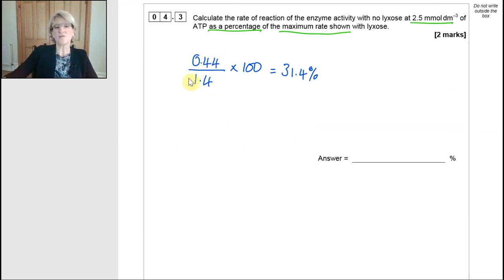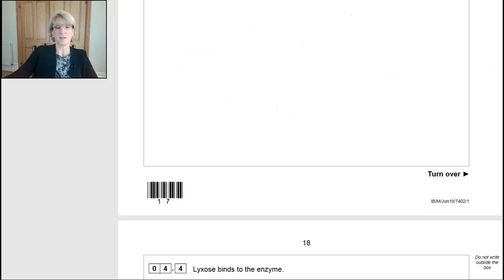So it's 0.44 divided by 1.4. That is the fraction that you had to work out. And to make it into the posh fraction that is a percentage, you times that fraction by 100. So 0.44 divided by 1.4 times 100 is 31.4. And I do know that that is the answer.